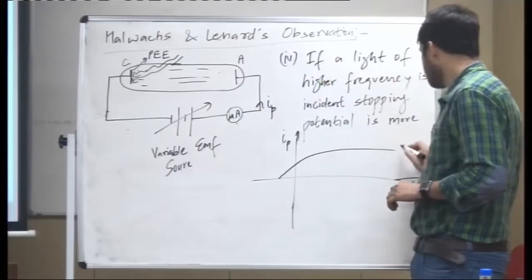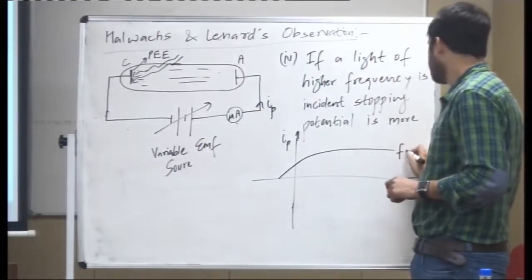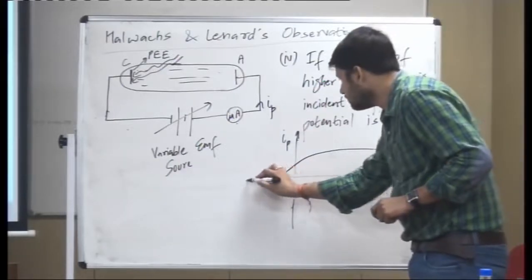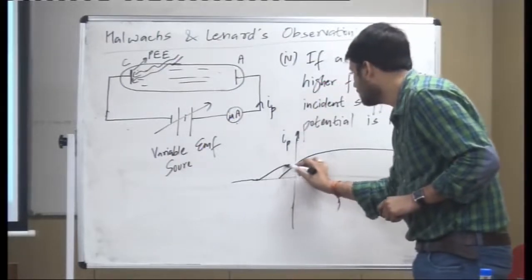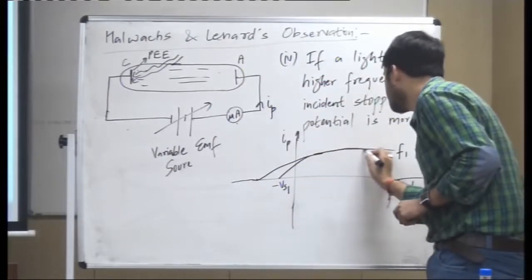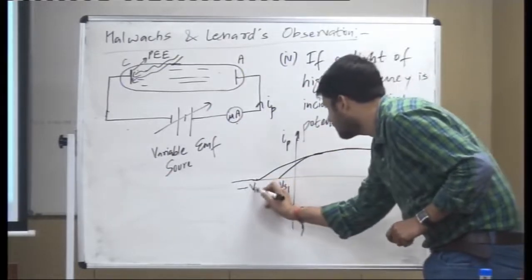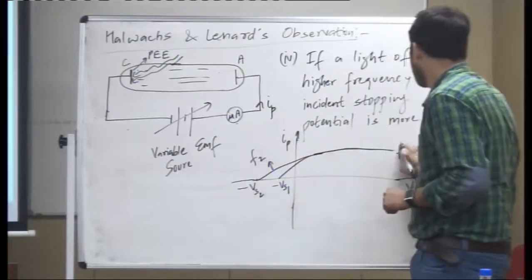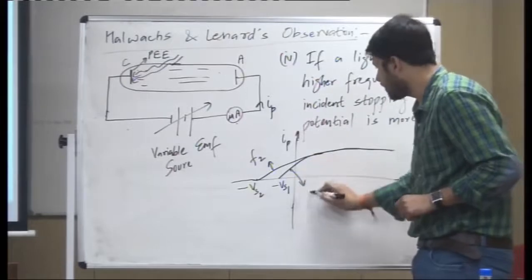Now this is for frequency f1. This is minus Vs1. This is the graph for frequency f2. This is the graph for frequency f1.